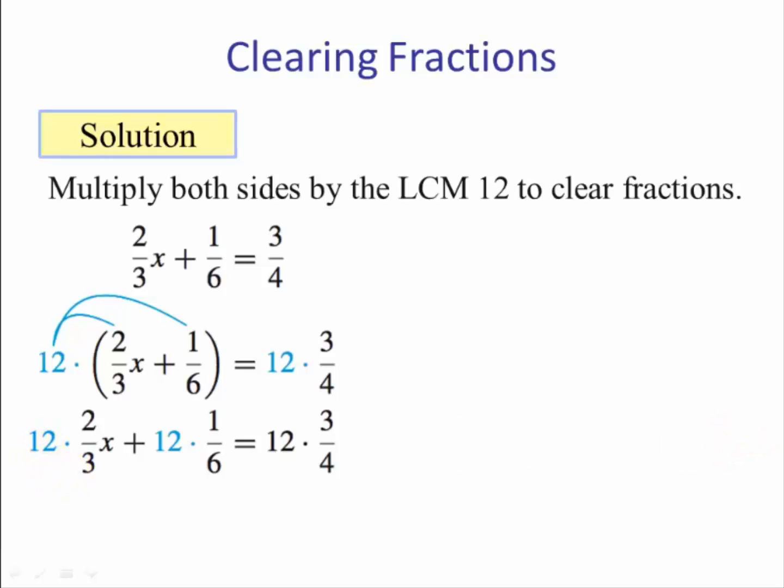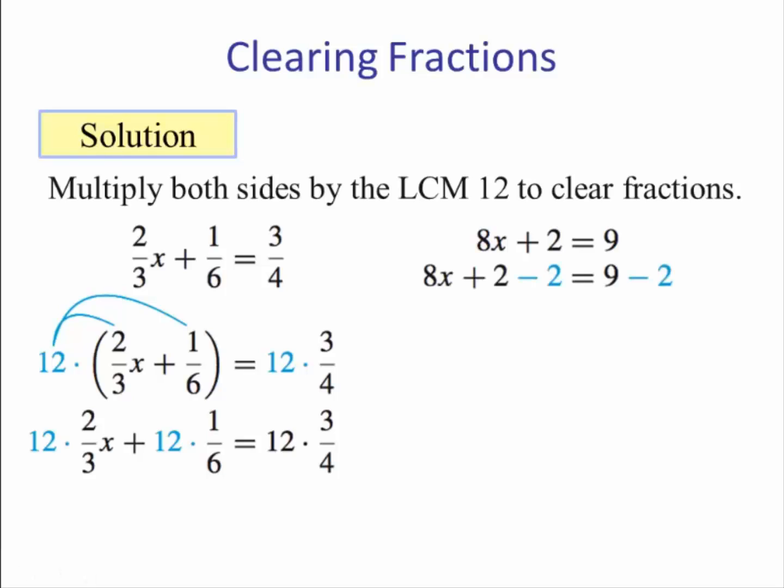Now if you're not good at multiplying fractions, just use your graphing calculator. 12 times 2 over 3 is 24 over 3, which is 8. 12 times 1 is 12 over 6, which becomes 2, and then we have 12 times 3, which is 36, divided by 4, which is 9. So this equation is equivalent to this equation, and this one's a lot easier to solve.